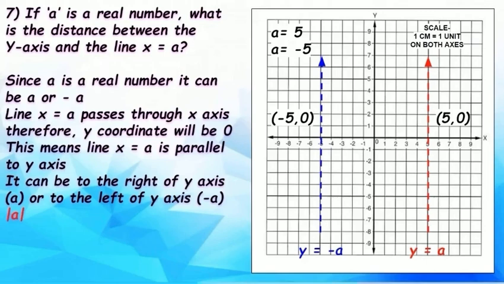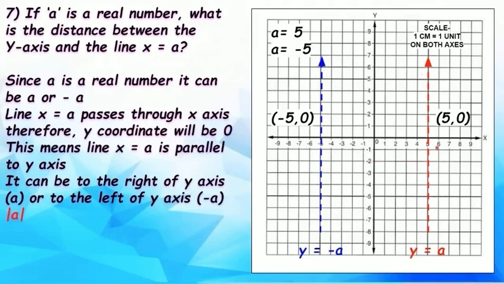Now the line x equals a passes through the x-axis, therefore the y coordinate will be 0. It has been given that the line is x equals a, so since it's x equals a, it will pass through the x-axis.